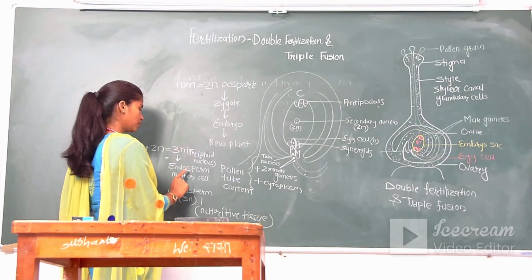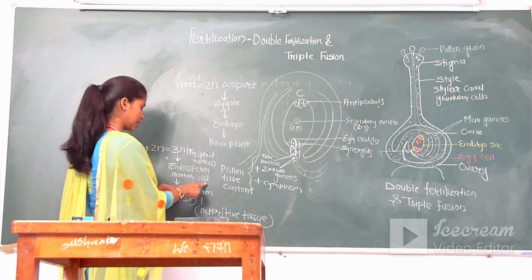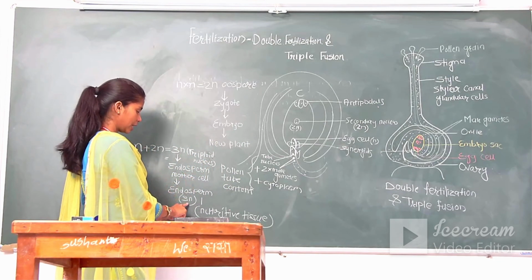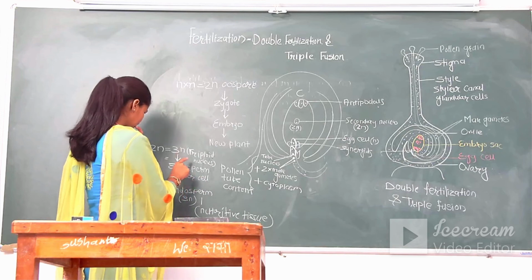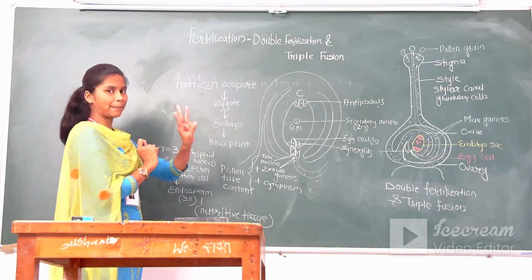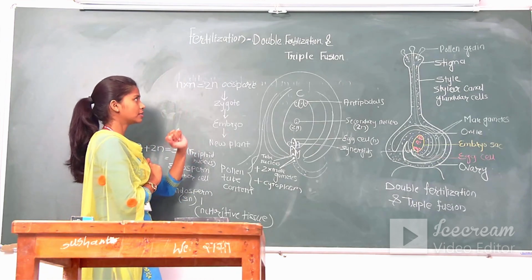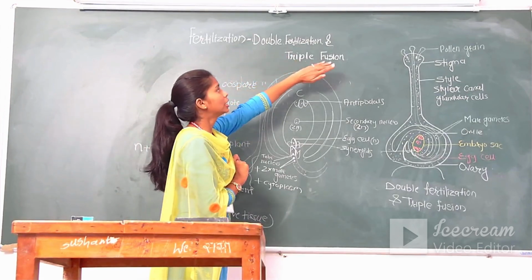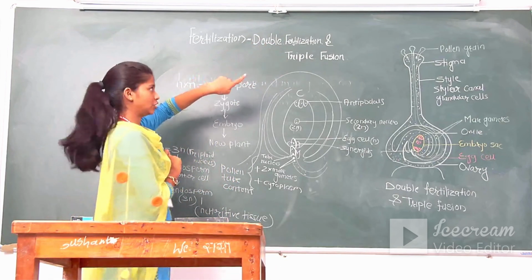That endosperm nucleus acts as the endosperm mother cell and forms the endosperm, which is triploid. Hence in the second reaction, three haploid nuclei are fused to form a triploid nucleus. That's why this second reaction is known as triple fusion, and this process is known as double fertilization.